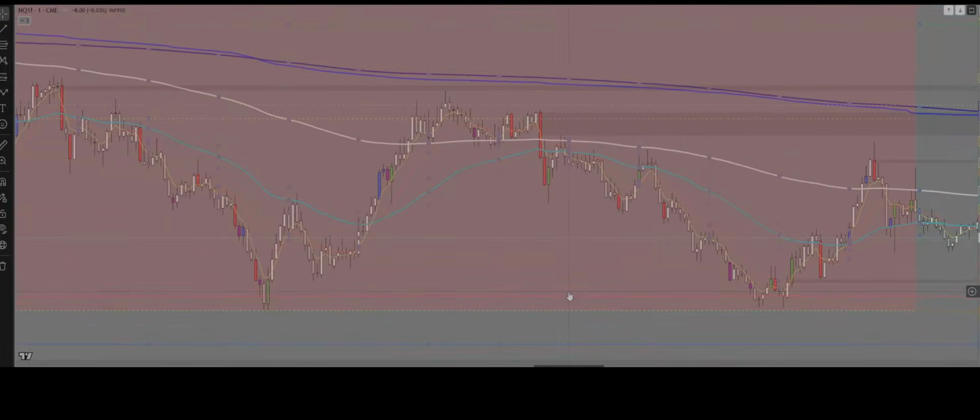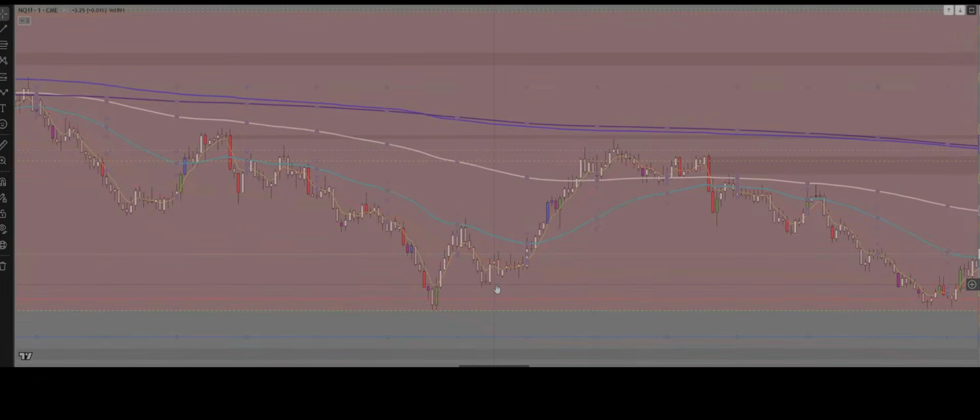Like this would work. This would be considered a fair value gap, right? 1, 2, 3. This is your 3 candles pushing up. So your fair value gap would fit in here to go long, right? Is this what it would be?